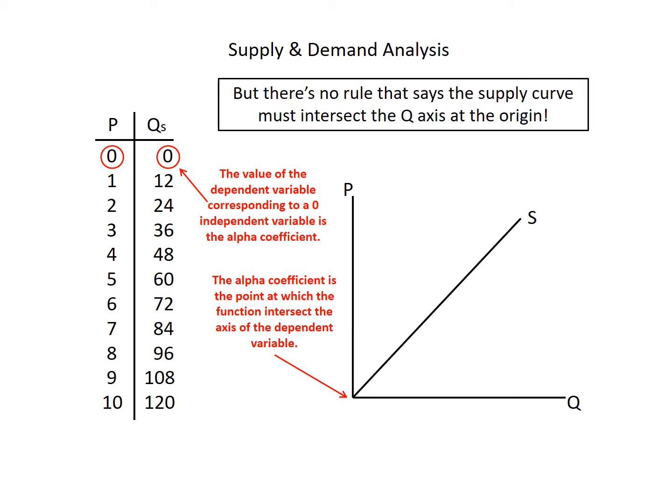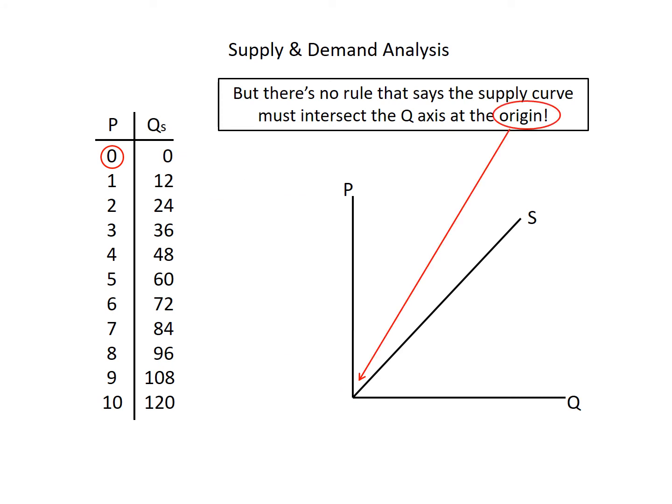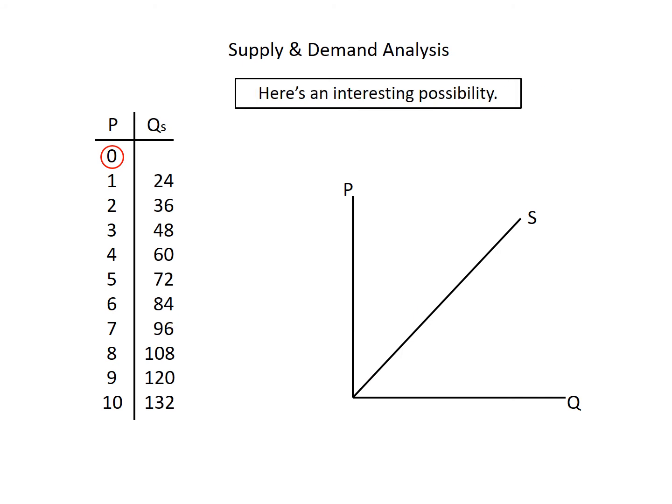But there's no rule that says the supply curve must intersect the q-axis at the origin, which is where the two axes intersect. Okay, let's consider this possibility. You'll notice that the supply schedule has changed. So let's figure out what the supply curve will look like. First, let's compute the beta coefficient.